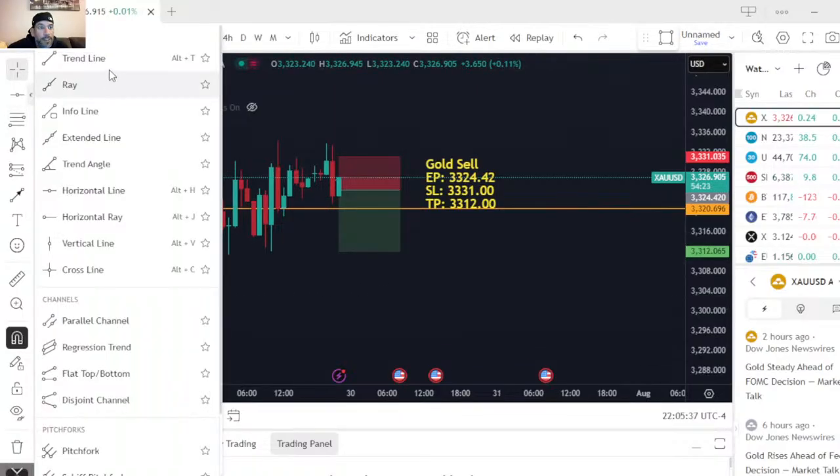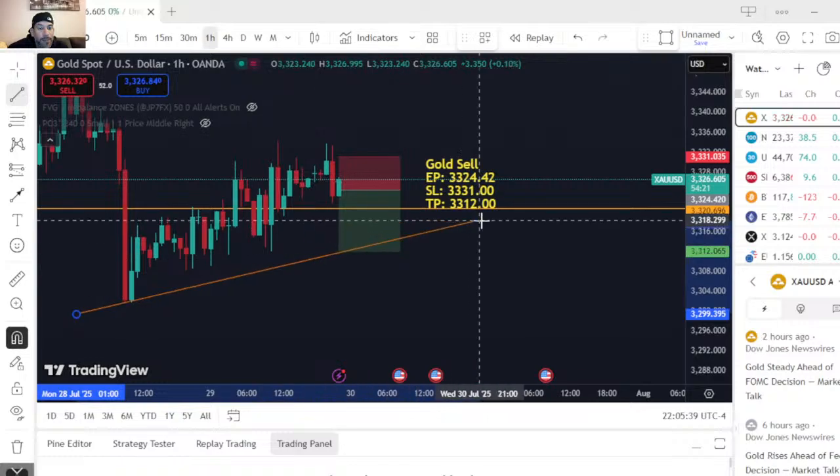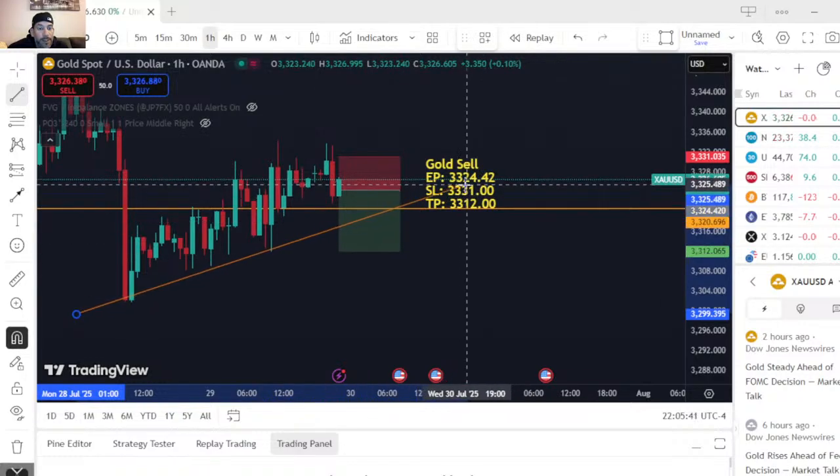I don't think it really came down. That's that trend line right there.